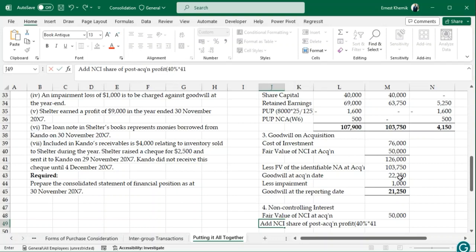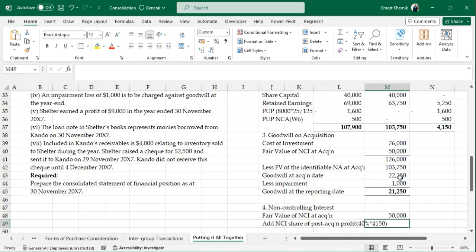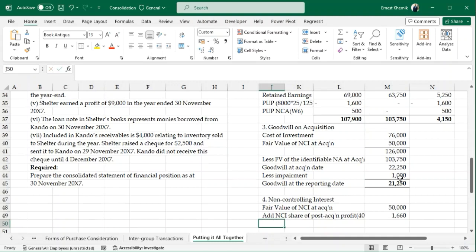So I'll have my 4150. This is for those who are writing. Alright, so we have 4150, and so I'm going to put it here, 40%, which is 0.4 times 4150. So that gives me my share of the post-acquisition profit.